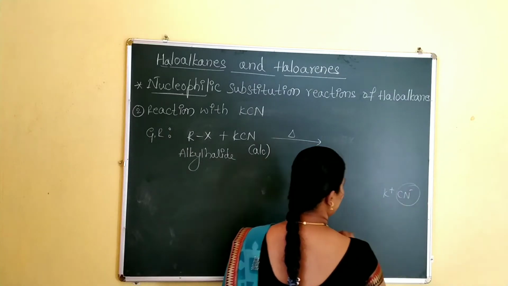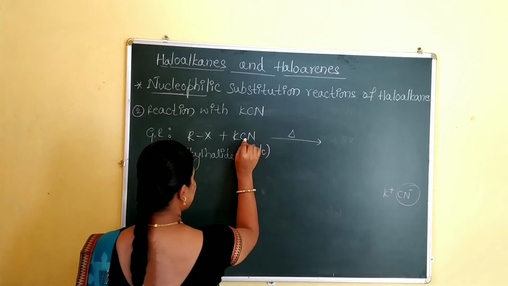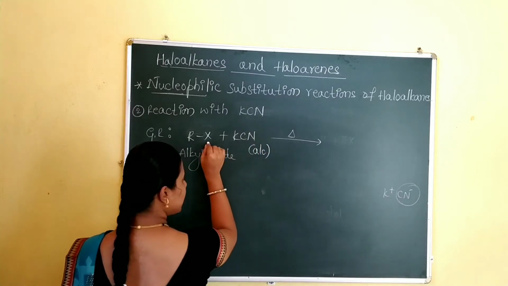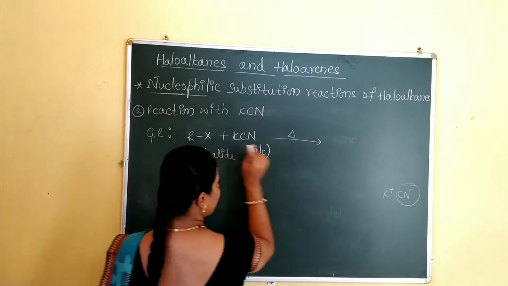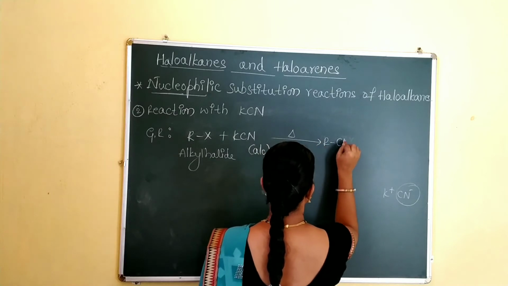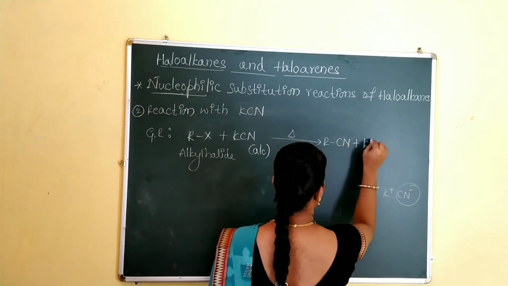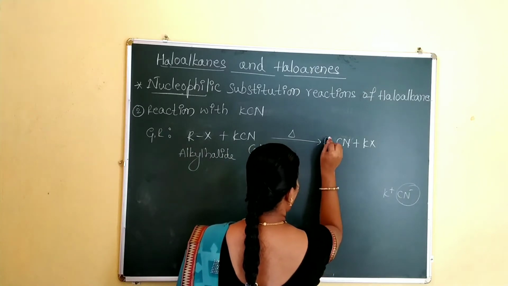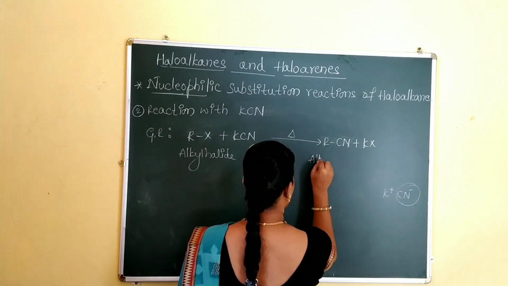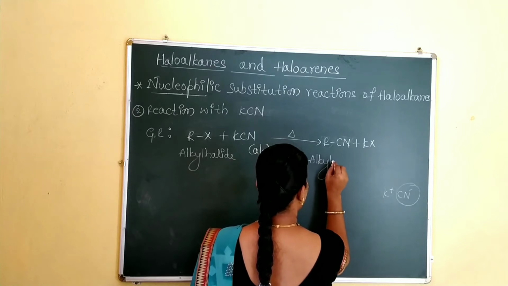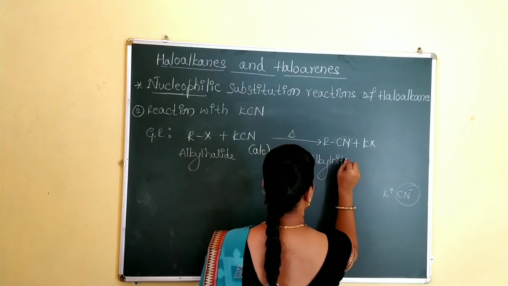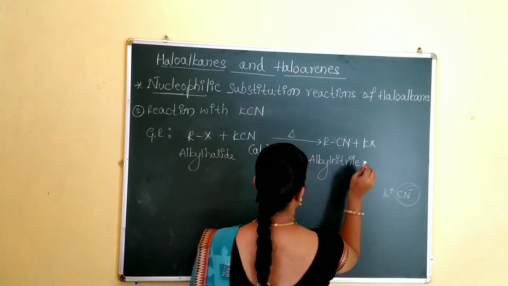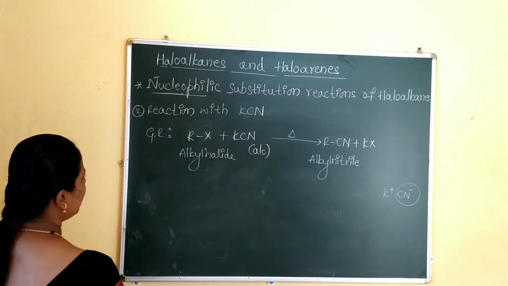CN minus is the nucleophile, which substitutes for the halide group here. Therefore, RCN plus KX, potassium halide. R is alkyl. The product is alkyl nitrile.